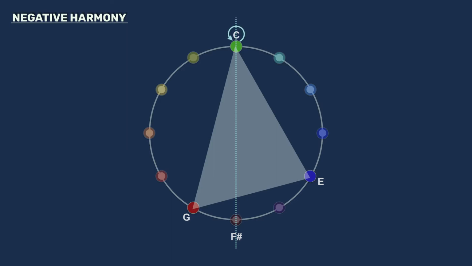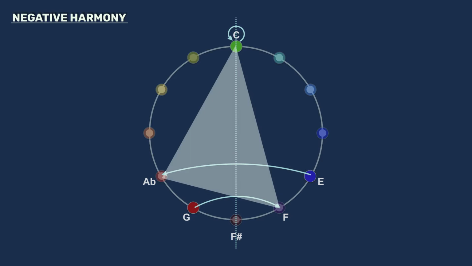The E maps into A flat, and G is mapped onto F. So, as we flip the shape over this axis, we get C, A flat, and F. That is, the F minor triad. So we can say that the intervallic inversion of the C major triad around this axis is F minor.